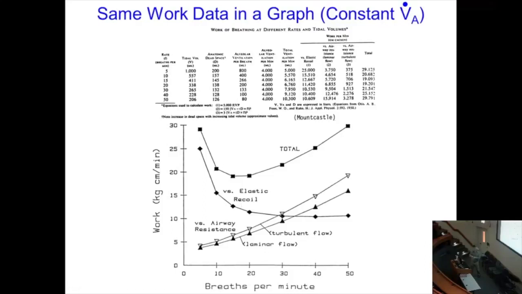So you're doing a little more work against elastic recoil, but then you're breathing less often, and so it works out this way. But when you get up to between 10 and 5 breaths per minute, you double the tidal volume, a huge increase. And that's why you get this large increase in work against elastic recoil.